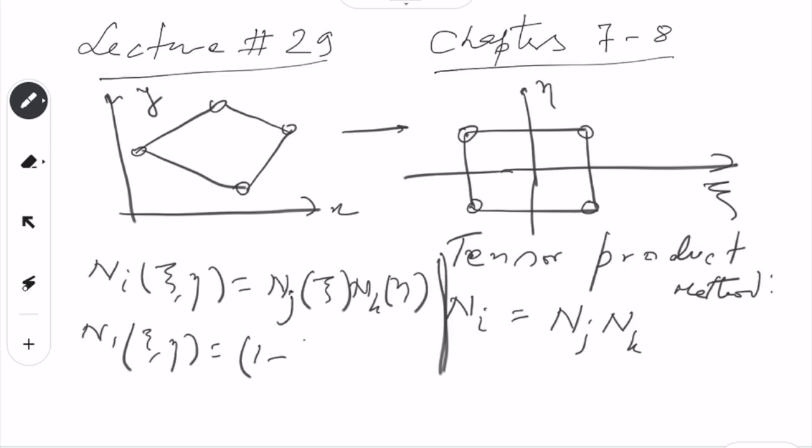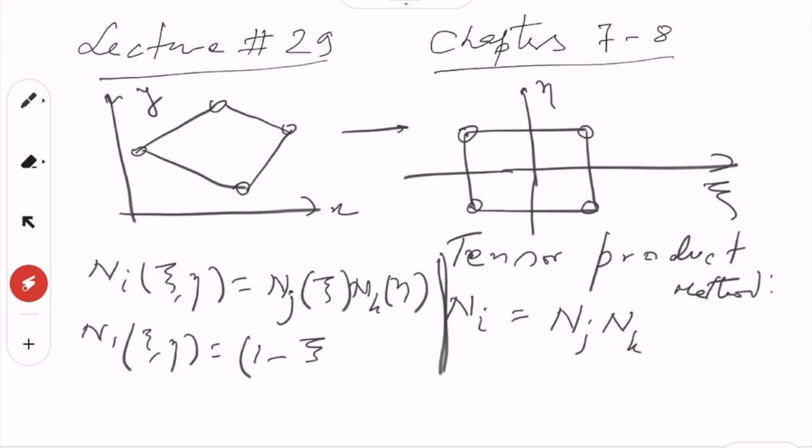In a linear system, if we had 0 here and L here, it would have been 1 minus x over L, but in this case it is different, since minus 1 corresponds to 1.